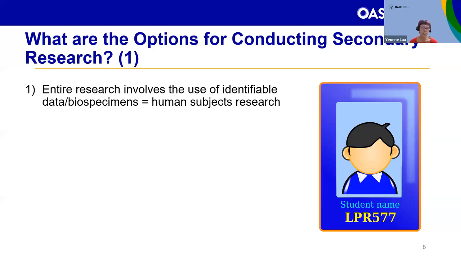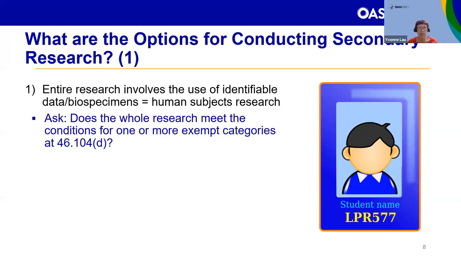All right, so that's the situation we're talking about. Then you look at the entire research, and if that entire research involves the use of identifiable data or biospecimens at some point, then this would be human subjects research, because they are using identifiable individual information or biospecimens. That is still secondary research, but it is human subjects research. Then you can ask the next question: does the whole research meet the conditions for one or more exempt categories?